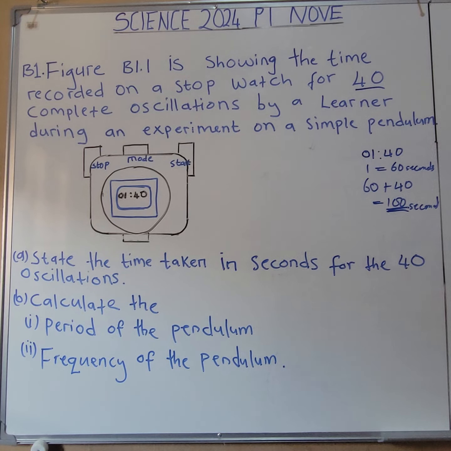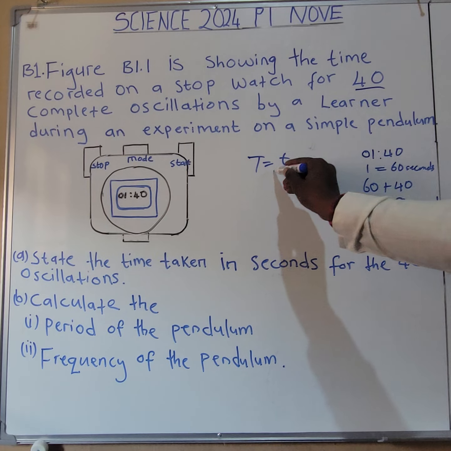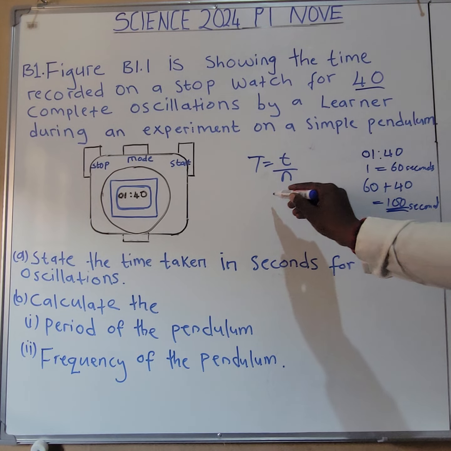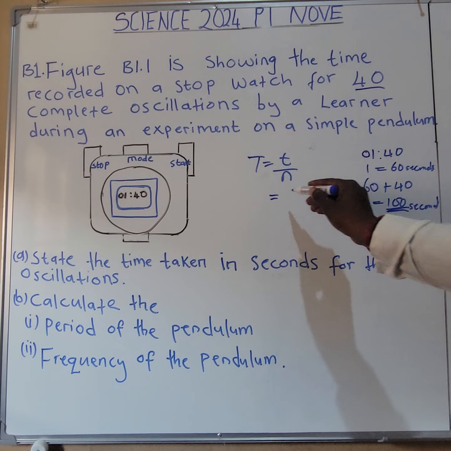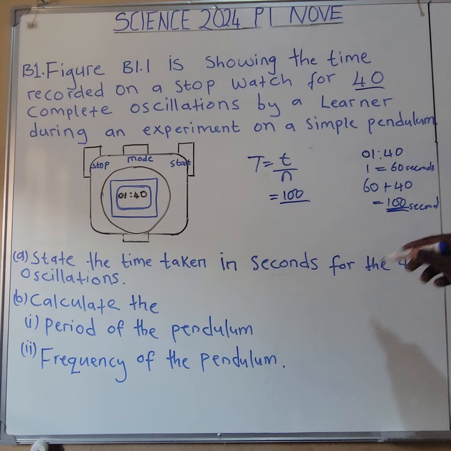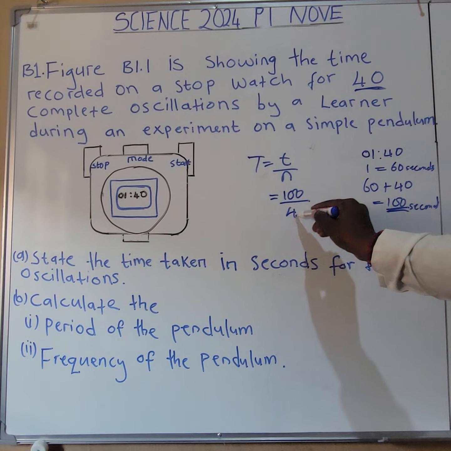Let us proceed. Calculate the period of a pendulum. We know that the period of a pendulum is equal to the time taken divided by the number of oscillations. In this case, the time is 100 seconds, and the number of complete oscillations they have given us is 40.